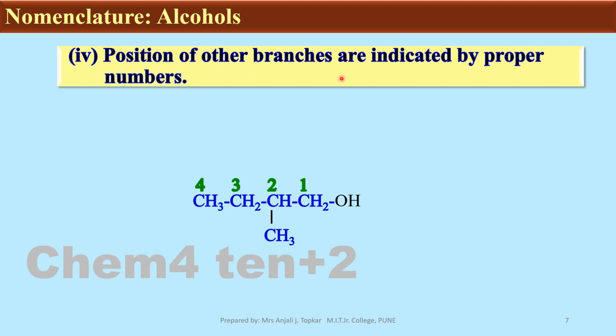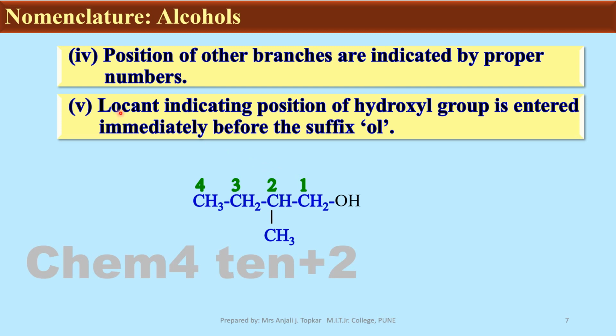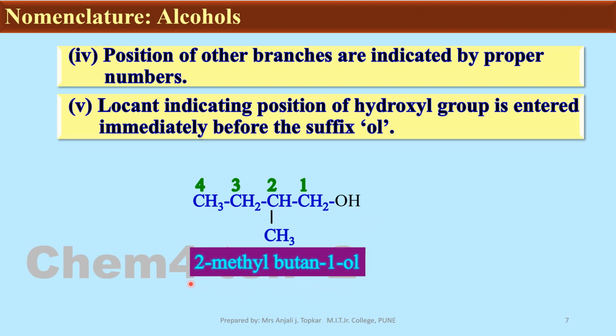Position of other branches are indicated by proper numbers. And secondly, locant indicating position of hydroxyl group is entered immediately before the suffix OL. So here, to write down the complete correct name of the alcohol, we have to write it as 2-methyl butan-1-ol.